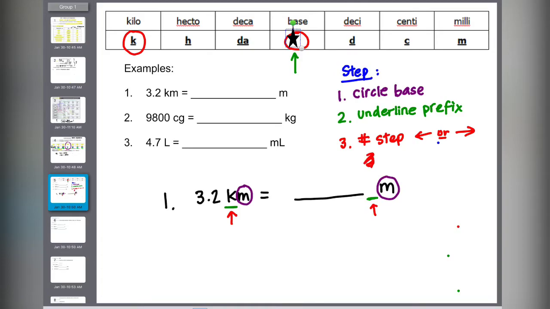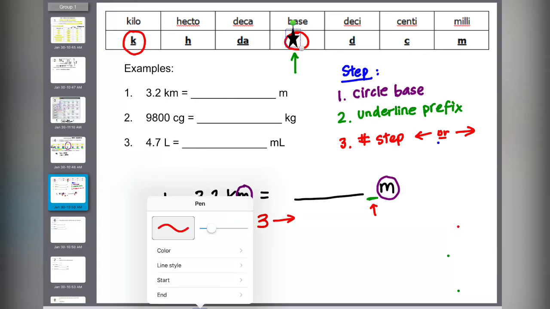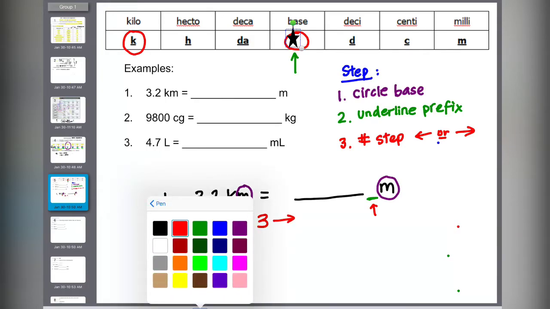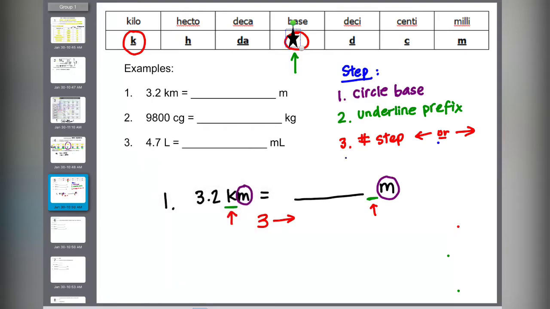So for this example, I have written that I have to go 3 steps to the right. And knowing how many steps I have to move leads me to step number 4: now I know how many spots I have to move my decimal place.